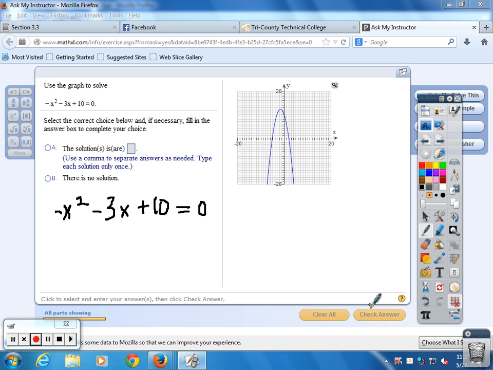Did I tell you we wanted that, or we don't want that? Well, you don't want that. So, you need to do something and get that negative x squared. You need to get that a positive. Factor out of what? A negative 1. Yes. Do that.